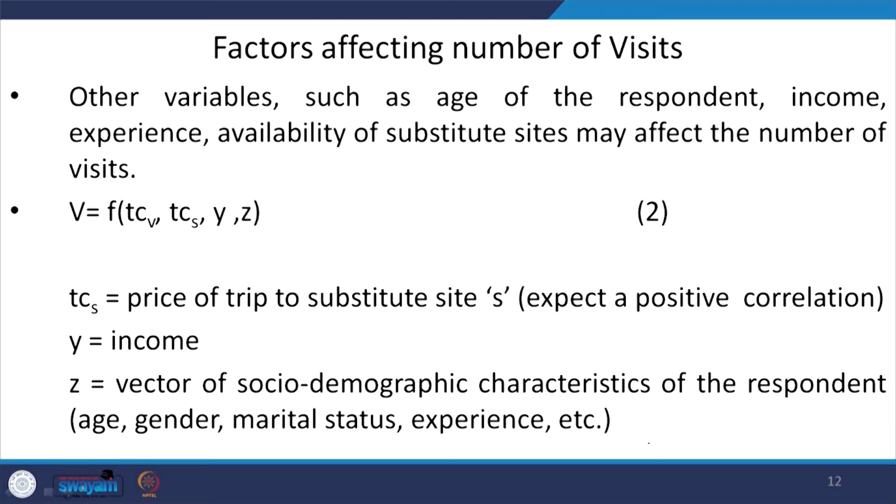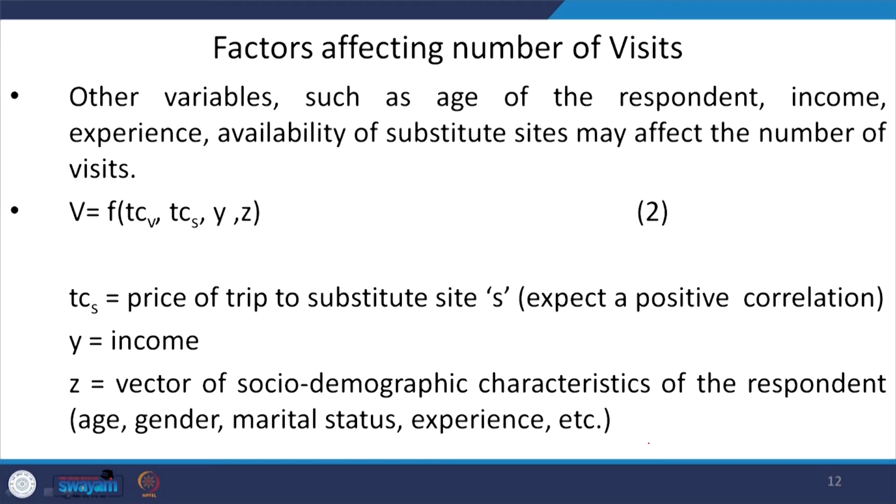Understanding this price-demand relationship in the case of this recreational destination, we can find out what the factors affecting this number of visits are. Why is a visitor visiting this particular site, let us say twice a year, while there are certain visitors paying a visit like 20 times in a year? What are the factors that can affect and explain this behavior of the number of visits of these visitors?